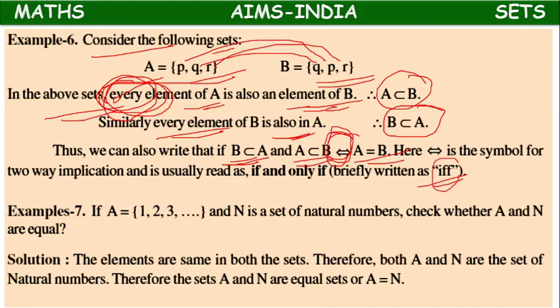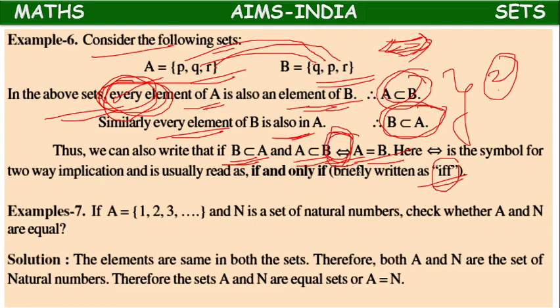Means it is if and only if. So these two conditions, A subset of B and B subset of A, are possible if and only if A equals B. Here the symbol has an arrow on the left side and an arrow on the right side, both sides arrows, double implies. It is called double implies, or iff. Iff means if and only if.